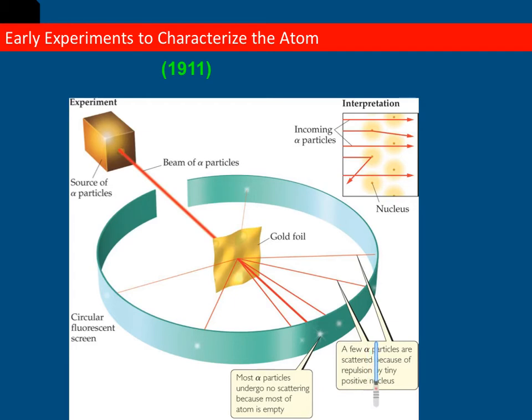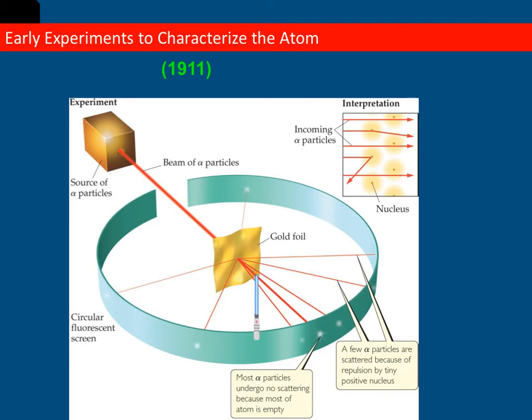And the fact that they used alpha particles, which by nature are positively charged: if the particles hit there and stuck and didn't go through, then they would say, oh, well, it's negatively charged and they must be attracted. But they went through and were deflected or scattered, which means that the alpha particles, or the positive particles, must have been interacting with a positive nucleus, and thus we have the nucleus as the source of positive, and the negative electrons must be floating around in space on the outside.